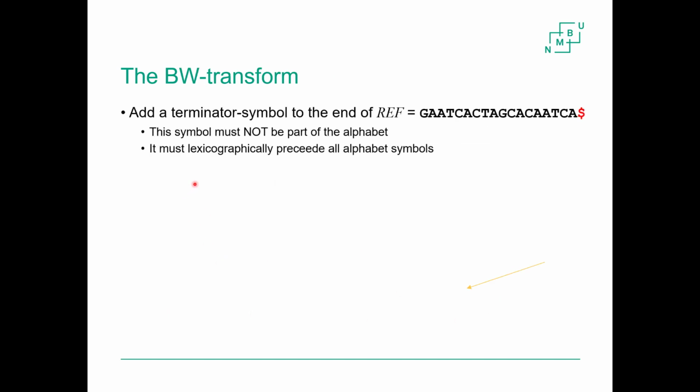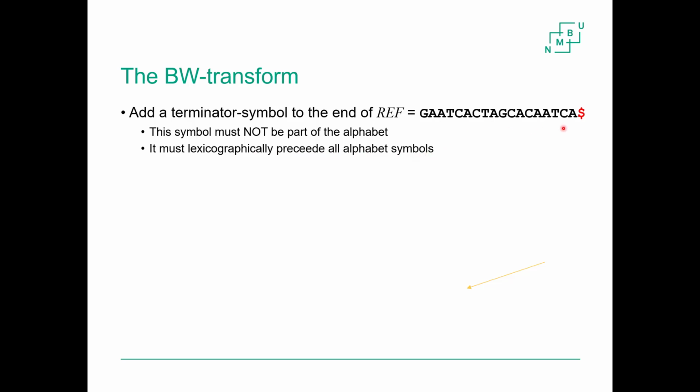The Burrows-Wheeler transform, what is it? First of all, add what we call a terminator symbol to the end of the reference sequence. The dollar sign is frequently used because this symbol should not be part of the alphabet. It should not be G, A, C, T, or anything that can be confused with the alphabet. So it must be something completely different. And it must be lexicographically preceding the alphabet symbols.